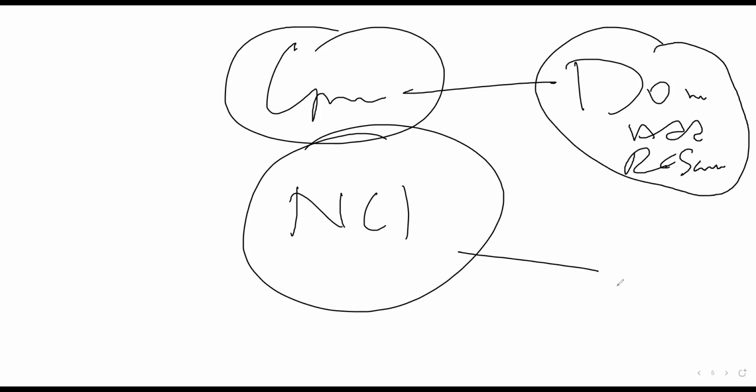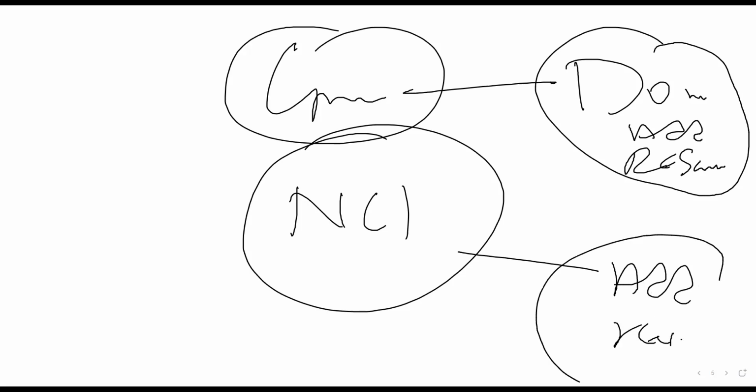But for NCI, add the reserve to it. So here you have to add the reserve. For group retained earnings you don't add. Did you understand or don't understand?